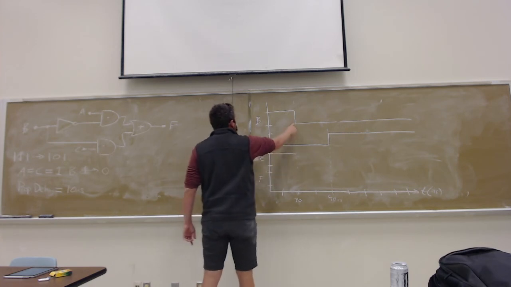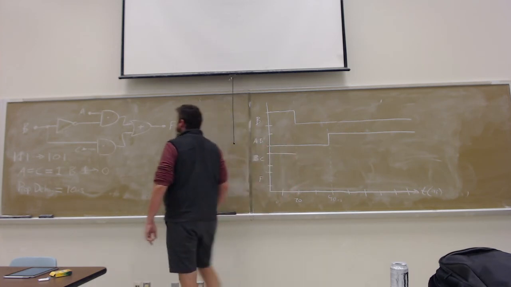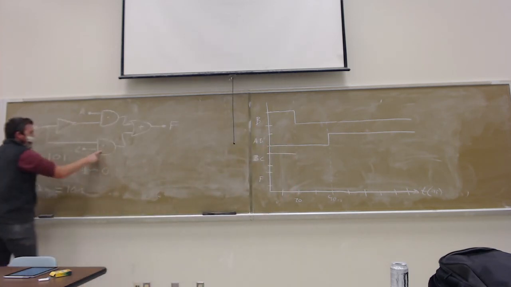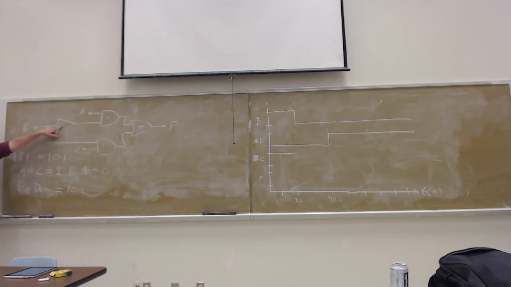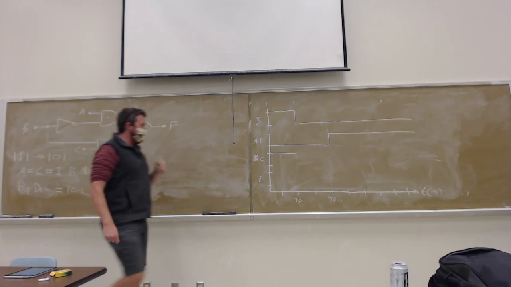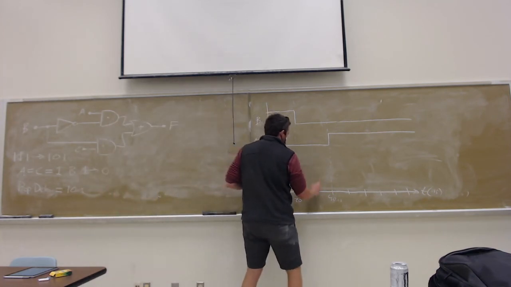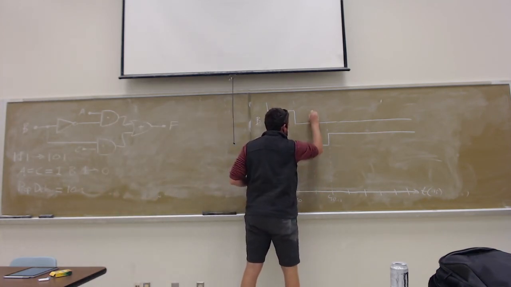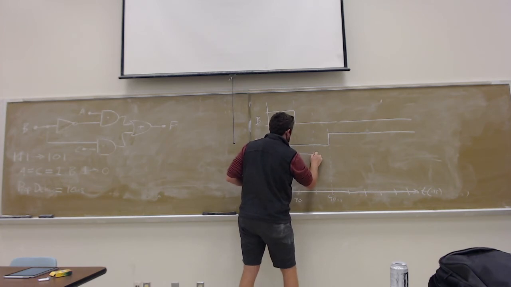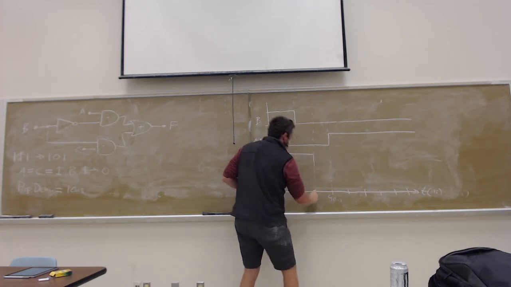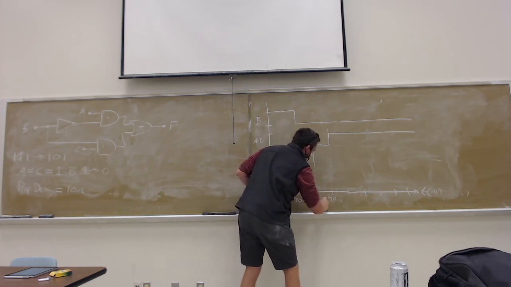Because B switched over at 20 nanoseconds. This AND gate doesn't have to wait for the inverter, right? Because it's tied to B. So it's going to switch 10 nanoseconds later, which means its transition from 1 to 0 will occur here at 30 nanoseconds.